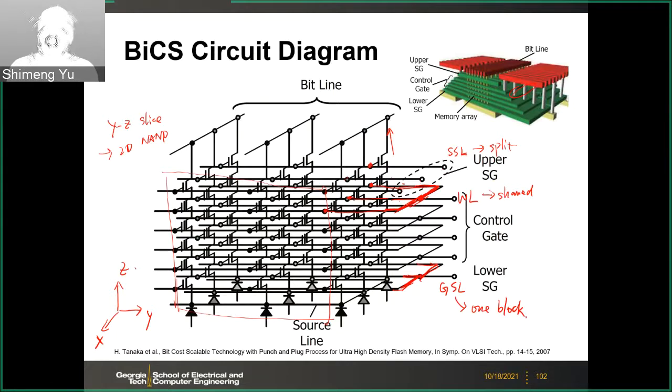There's a plane of the metal, so they are shared. And this is the word line contact region. All the word lines coming out, the metals will be collected together here, and then in this region you make the contact wire to connect to individual word lines. We'll discuss it in a minute. This is called the word line staircase region.